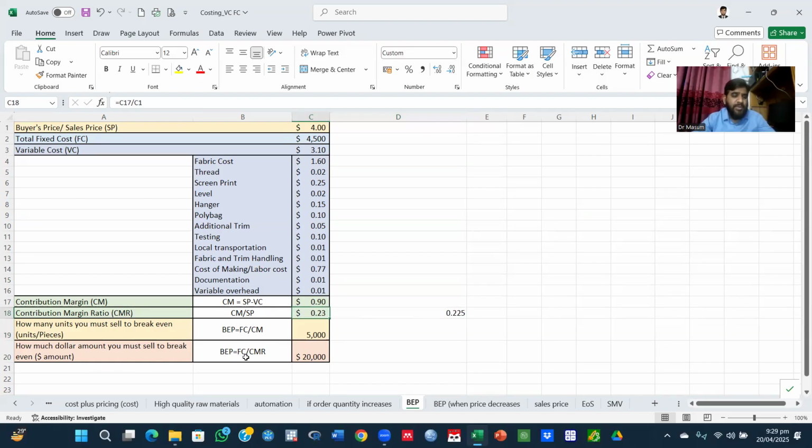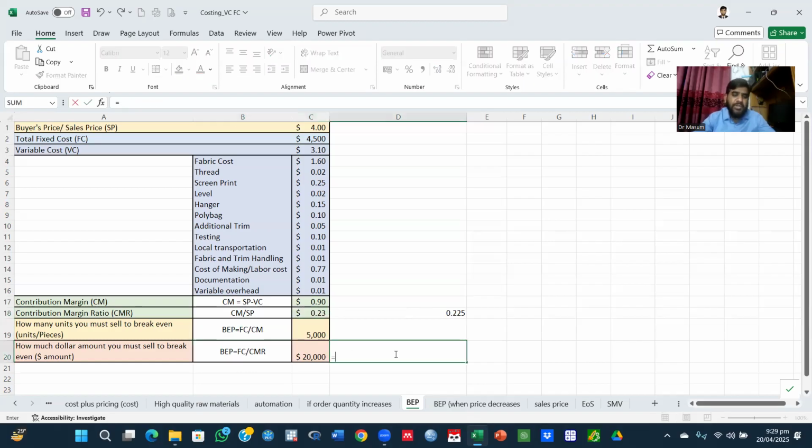Now with the same system, you will divide fixed cost by the contribution margin ratio. Fixed cost is 4,500 divided by contribution margin ratio, and you will get the dollar value. That means you have to sell at least $20,000 to break even.